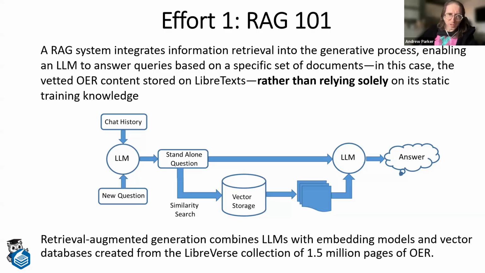So with this particular first effort, we want to be able to scope the student to a specific textbook or set of resources as defined by the instructor, so that, especially in math, which is my background, but I'm sure in chemistry, physics, all fields as well, there's a great deal of preference or specificity in terms of terminology and some of the details that vary from textbook to textbook.